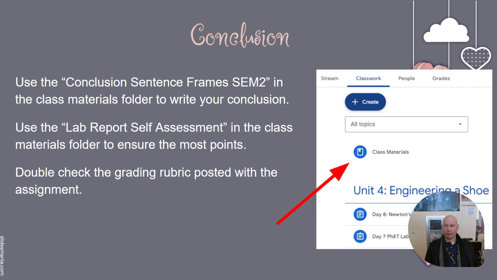For the prediction force, I know there's a lot of questions that come up about the prediction part of things. You can either use your mass, and the way that you can find your mass is if you just type your pounds into Google and say, convert to kilograms, it'll convert it to kilograms for you.